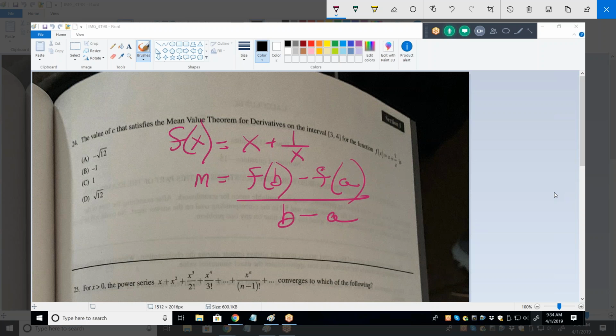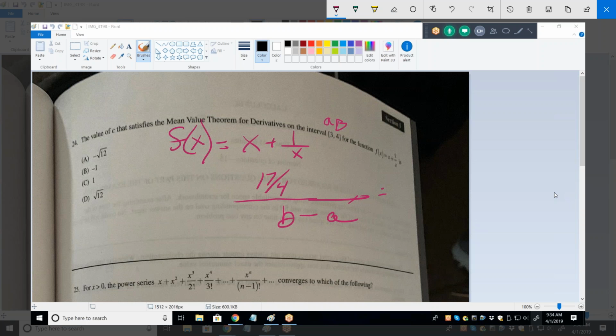Now what's f of b? F of 4. This is b. That's a. 4 plus 1/4 is, we'll just leave it in fourths, 17/4. Yes.